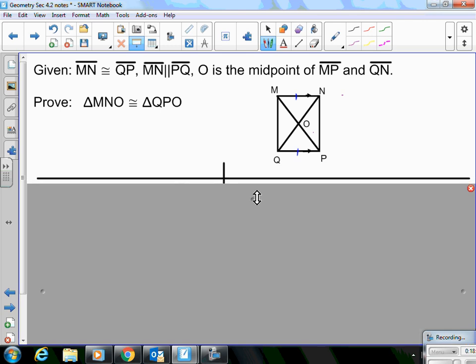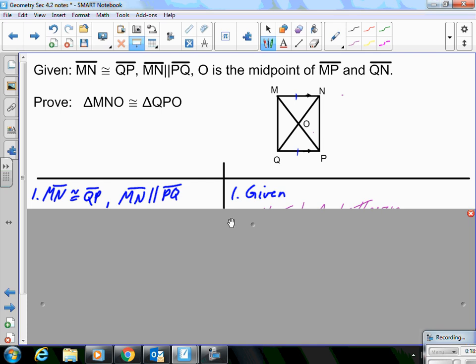All right. So I'm going to start off with part of the given. I'm going to start with these first two parts: MN is congruent to QP and MN is parallel to PQ. That's given. Now, the fact that MN is congruent to QP doesn't really give us any information that we can use or build upon.